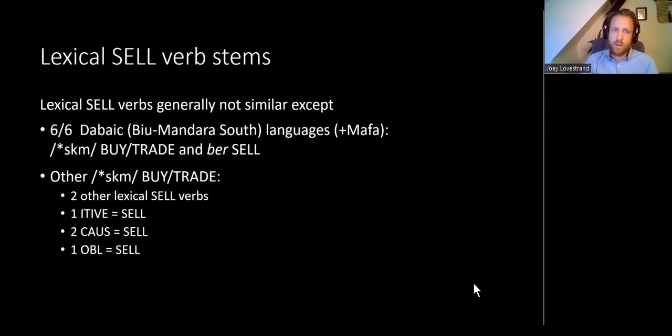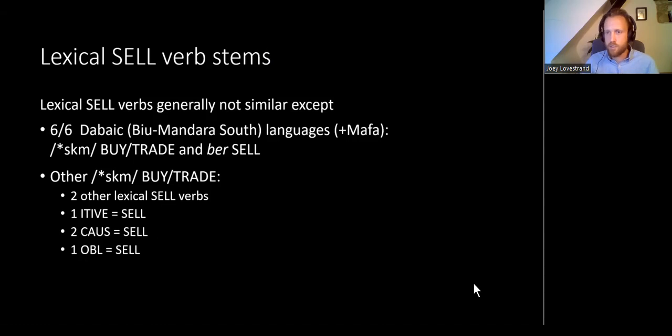Likewise, it's only really in these Dabaic languages, that subgroup within Biu-Mandara South, where we see a really strong pattern where all the languages, these 6 or 7 languages, have the same root for buy or trade and the same verb root for sell. There we see a particular pattern, but elsewhere in Chadic, it's really diverse.